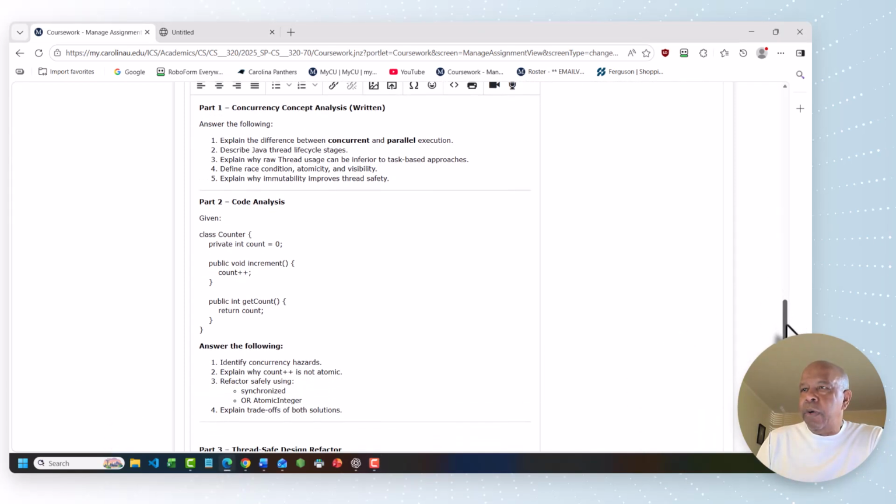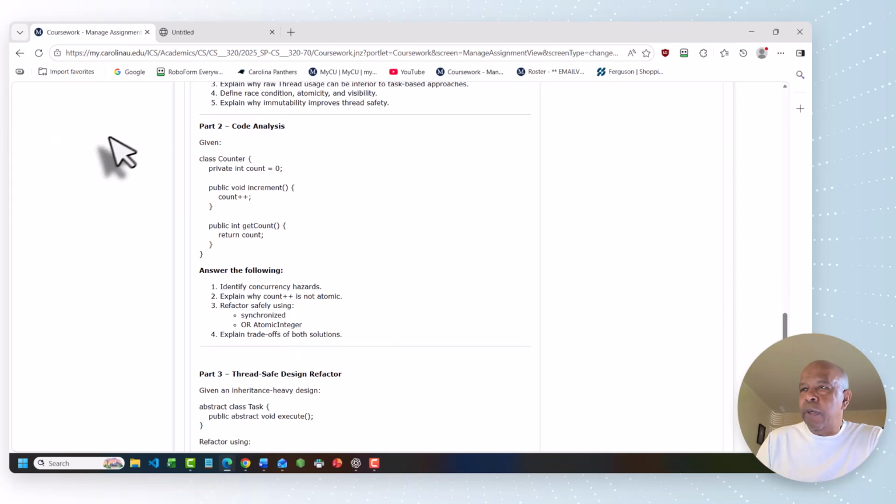In part 2, code analysis, here's some code that we're giving you as far as sharing a counter. I want you to answer the questions: identify the concurrency hazards, what can go wrong, explain why count++ is not atomic, and refactor safely using synchronized or AtomicInteger.